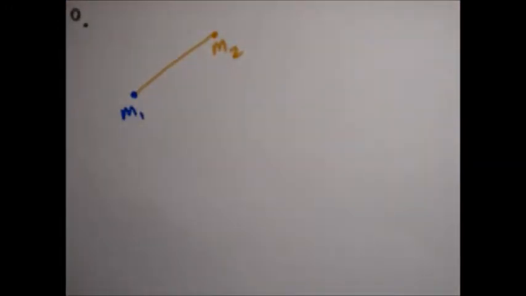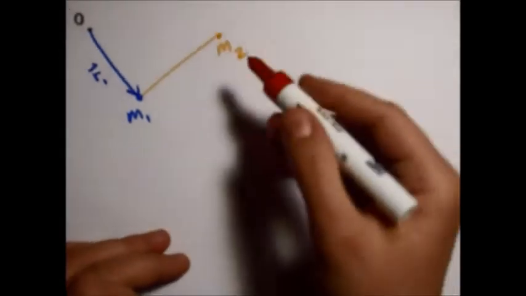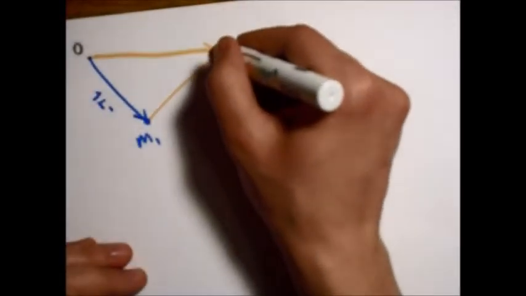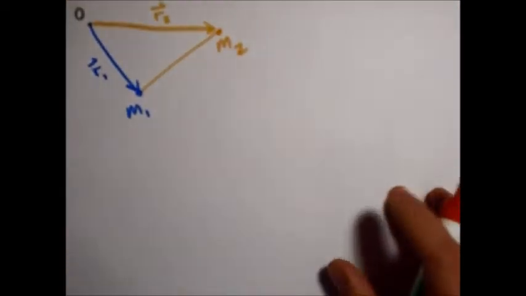We'll have some origin out here, and we're going to have a position vector, which we're going to call R1 for this particle, and a position vector here, R2 for that particle.